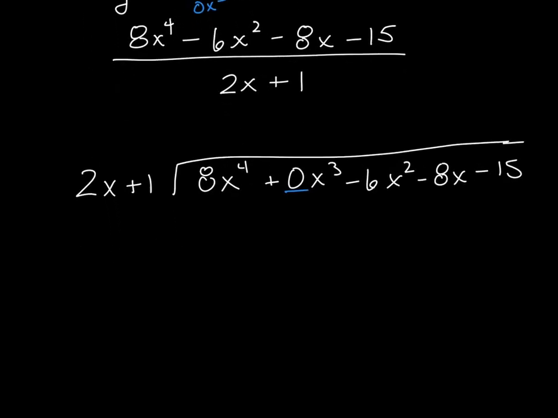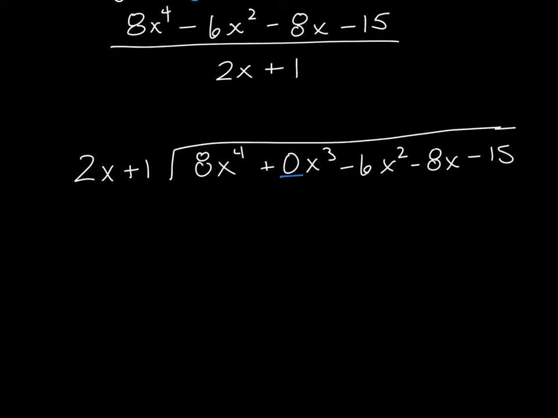Okay, so let's go ahead and start talking about long division. The first thing to remember with long division, your entire goal is to make these first two terms here exactly the same. And we do that by asking ourselves, all right, what number can I put up front that when I multiply it times 2x plus 1, this first term will also equal 8x to the fourth.